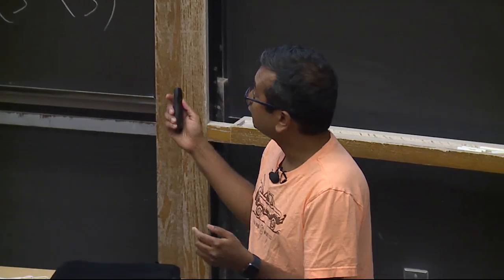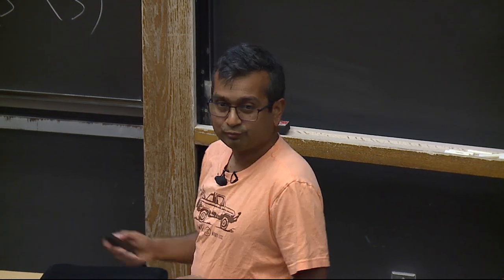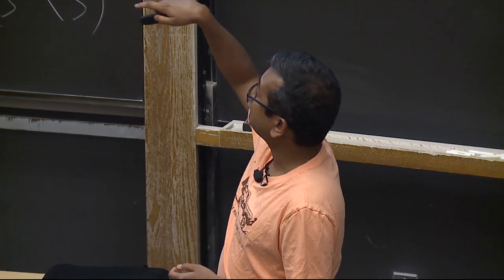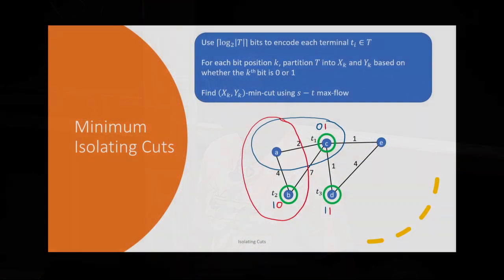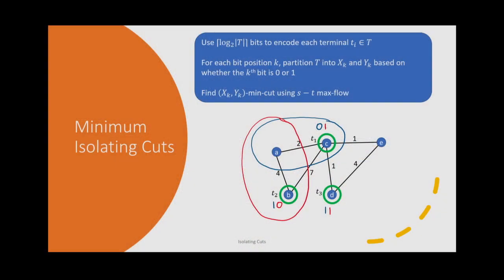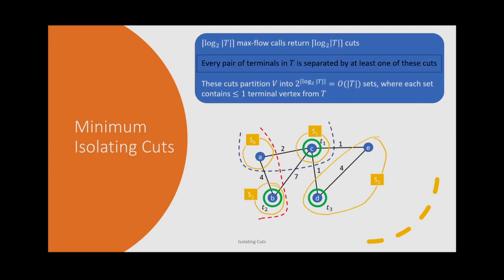So let's see what happens after I do this. For instance, in this graph, maybe I have found the red cut and the blue cut. Okay, these are my 2 minimum cuts for the 2 different bit positions. Now, if I take all the overlapping regions of these cuts, then I can define 2 raised to log t such overlapping regions. Okay? So again, I did a binary encoding. So how many bits did I have? Log t. Now for each bit position, I had a bipartition.